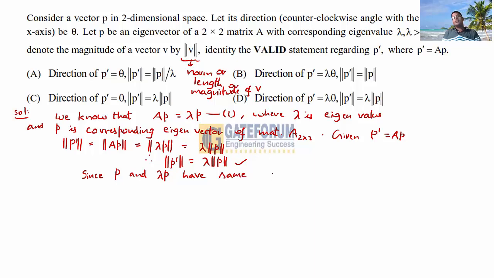For example, let us compare with vector algebra: I cap has its direction along the x-axis. Numbers times I cap, like 2i, 3i, are in the same direction only. Therefore, lambda P means AP, that is P dash. P dash is nothing but AP, and AP is nothing but lambda P, which has the same direction.